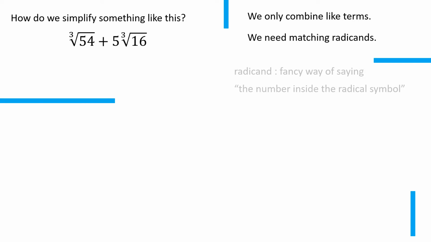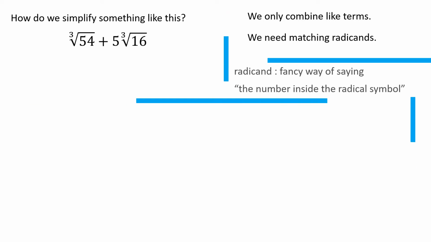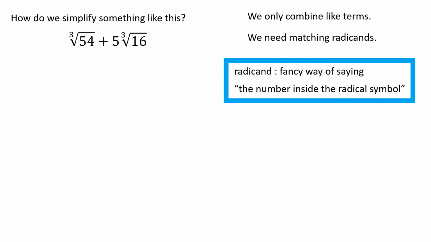I'm thinking about making a factor tree because we can only combine like terms, so we need matching radicands. Right, so you want to impress all your friends, go walking around talking about, hey, I know what's inside this radicand, right? It's the number inside the radical symbol, the radicand. Or maybe it won't impress your friends at all.